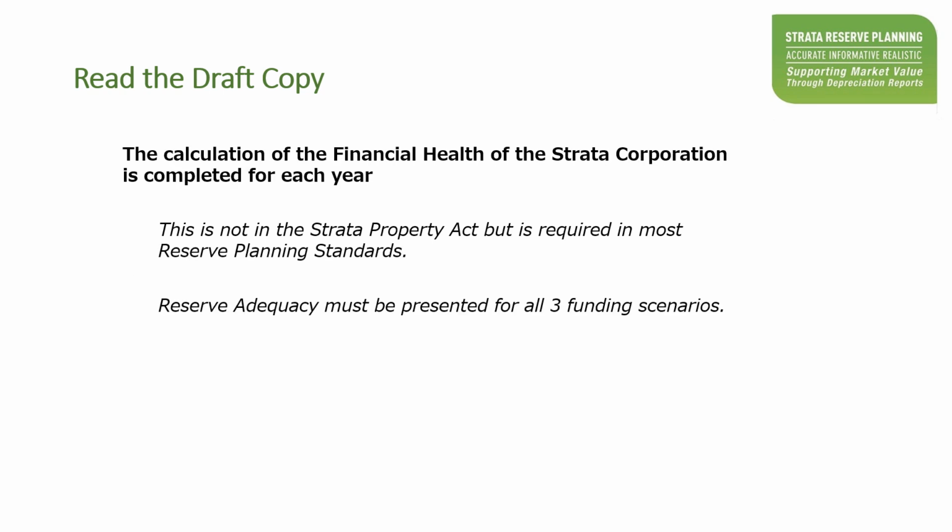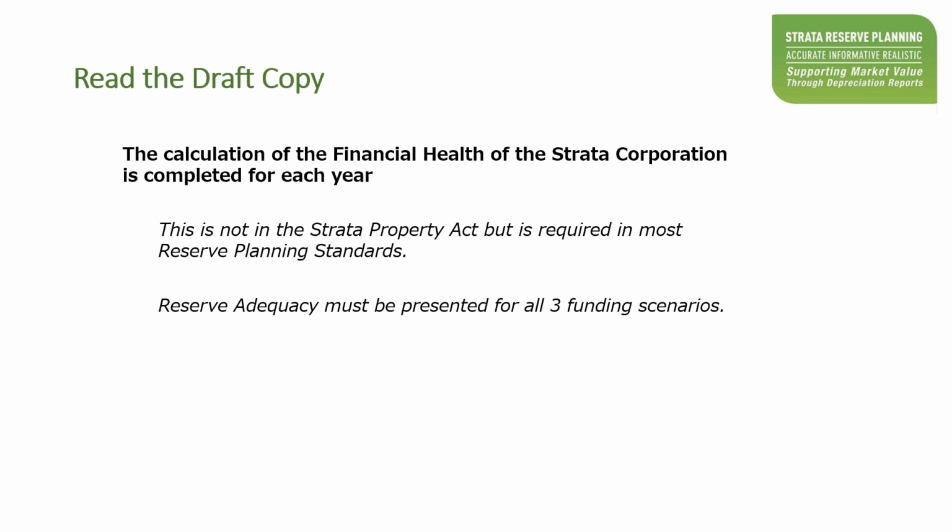The calculation of the financial health of the strata. So we talked about this a couple slides ago. Again, this is not in the Strata Property Act, but is required in most reserve planning standards. This reserve adequacy is not only presented in the recommended model, but needs to be presented in all three funding scenarios.